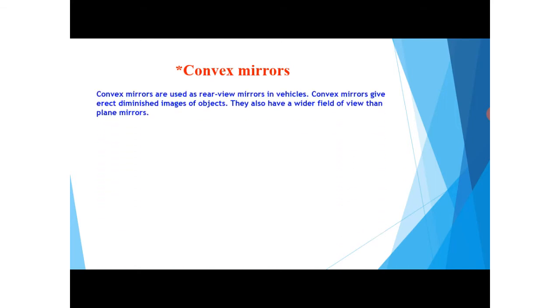So students, we are using the convex mirror as the rear view mirror in our vehicles, because the size of the object is reduced in the image, so we can have a wider view. We can see a wider view behind us when we are going on a road.